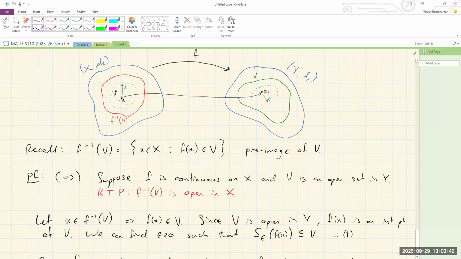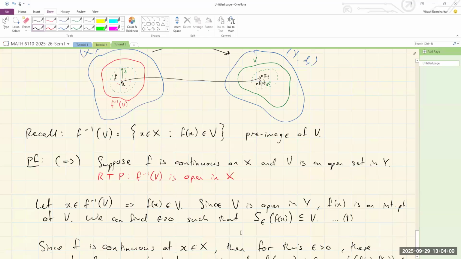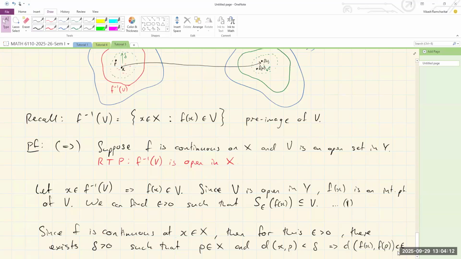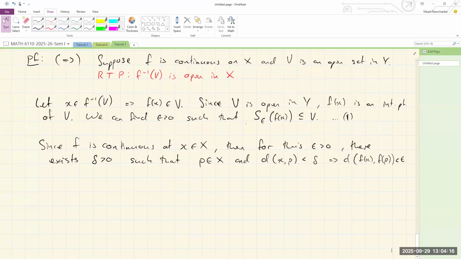I already have the image of X, so the image of P will be within this epsilon ball. Let me put this image of P over here. This is F of P. So whenever P and X are within delta distance, the corresponding images are within epsilon distance. That's what we just wrote down here, that's what all of this stuff means.